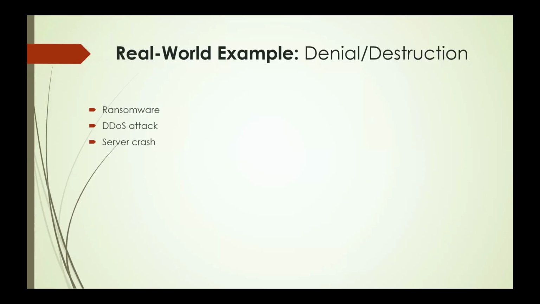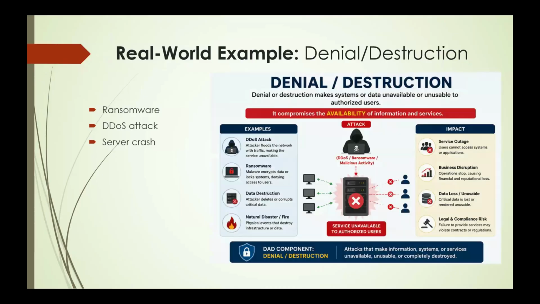So when this happens, users cannot access systems when needed. So this is an availability failure because there is a denial or destruction of the service or the data. So all these are examples, and service outage, business disruption, data loss or unusability, and legal and compliance risks are the impacts which happen by the denial of these services.